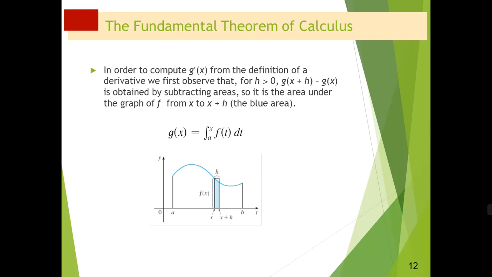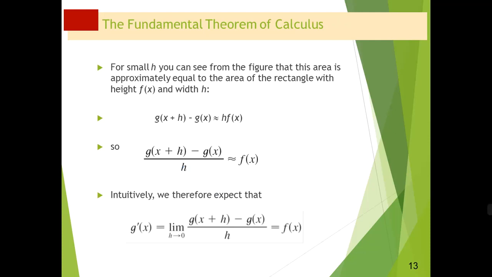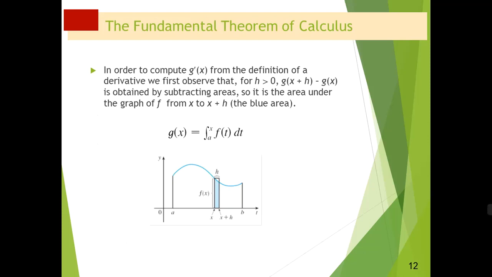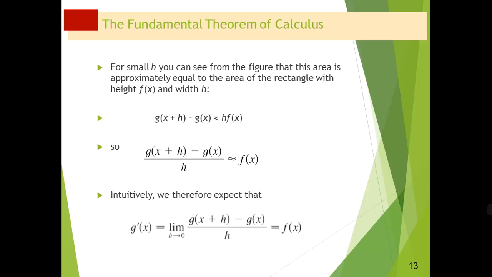This observation is very useful because, what's the derivative? The derivative is just the quotient of the difference, right? By definition, the derivative is the difference divided by h. Now, geometrically speaking, the difference quotient is the rate of change of the area under the curve.